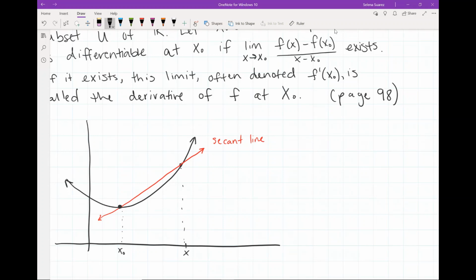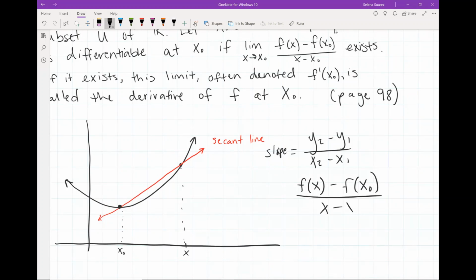So if we have this secant line, I'm going to start by using the regular slope formula that we know. So x2 minus x1. In this case, f of x is our x2, and then minus f of x naught over x minus x naught.